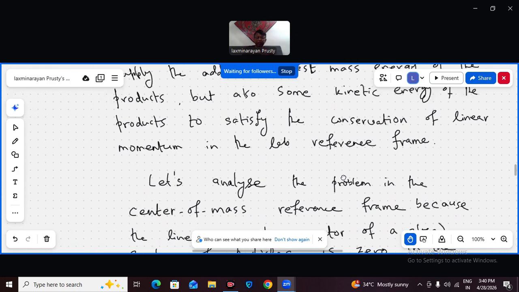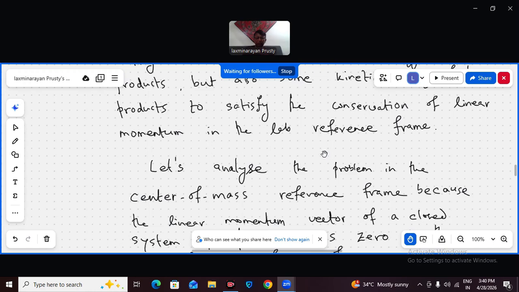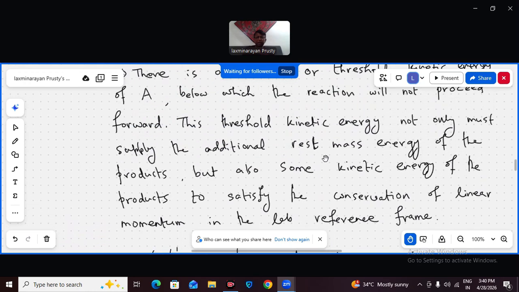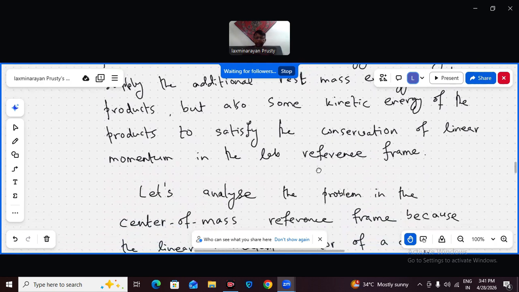That's why it has to provide some kinetic energy to the products also, to satisfy the conservation of linear momentum. So the minimum kinetic energy of the projectile particle A should be more than what is required to just compensate for the negative Q value.